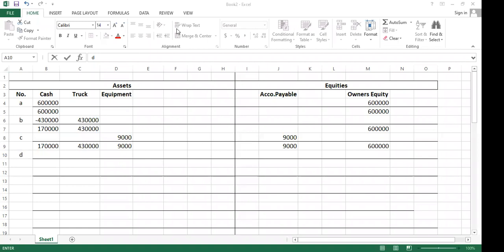D. A bill of rupees 7,200 for transporting goods was sent to Miss Ashraf Abbasi, the customer. We have another asset, accounts receivable, since the bill was sent to the customer.